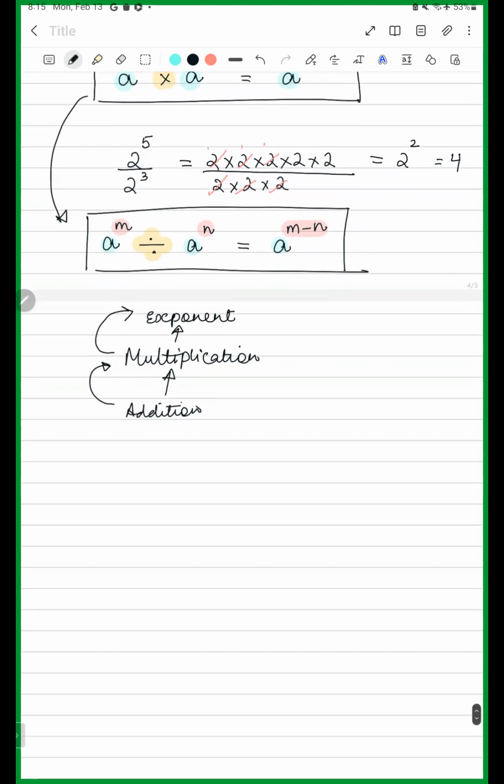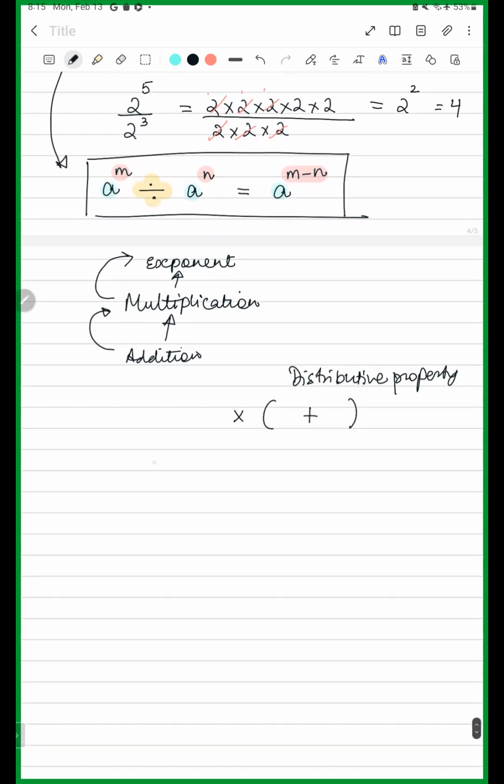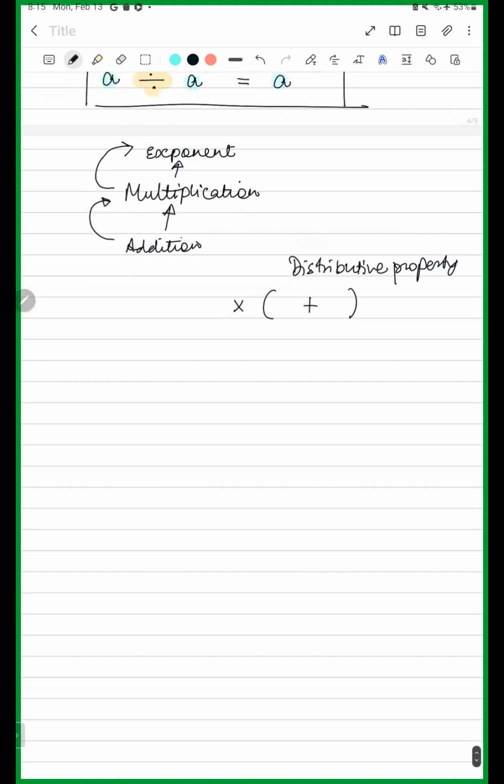So we know the distributive property that you studied, do you remember the distributive property? Distributive property says that multiplication is distributive over addition, right? Similarly, exponent is distributive over multiplication. What does this mean?